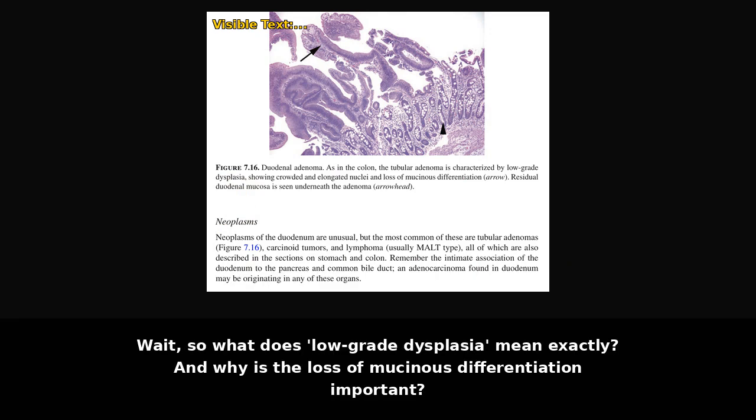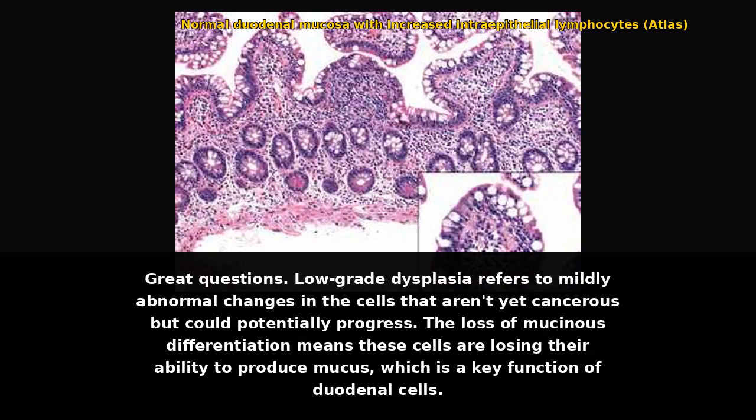Wait, so what does low-grade dysplasia mean exactly? And why is the loss of mucinous differentiation important? Great questions. Low-grade dysplasia refers to mildly abnormal changes in the cells that aren't yet cancerous, but could potentially progress.